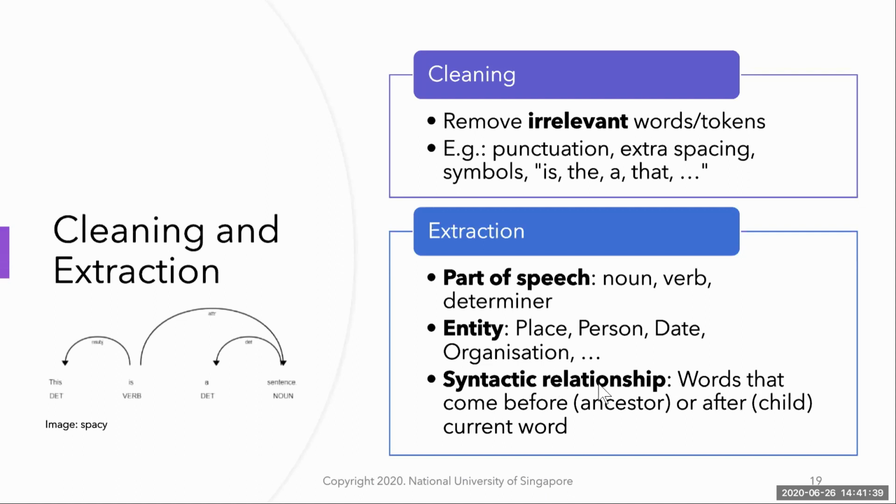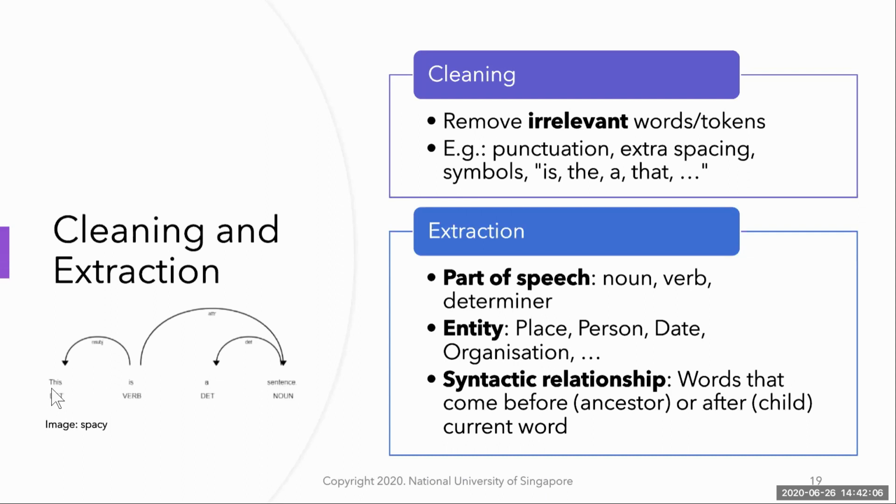Syntactic relationship, words that come before, after. If I drop the word that and or, I still have roughly the same meaning. Words come before ancestor, after child, current word. The word or can mean something different, but the word that is really redundant, for example.